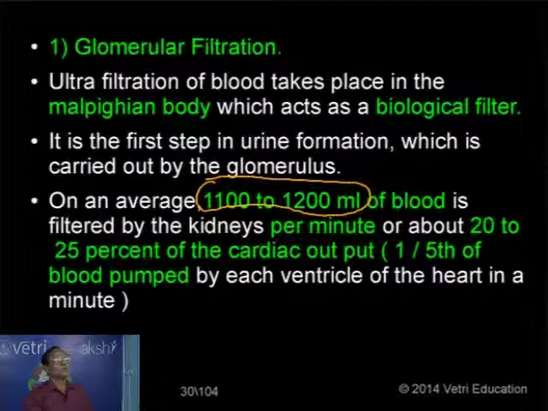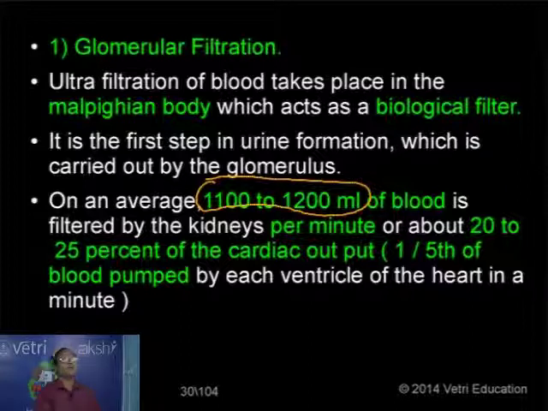This ultrafiltration is the first stage in the formation of urine. It is the first step, which is carried out by the glomerulus. A glomerulus is nothing but a ball of capillaries, formed with the repeated branching of the afferent arteriole. Once again, all the capillaries reunite to leave the glomerulus by means of the efferent arteriole.